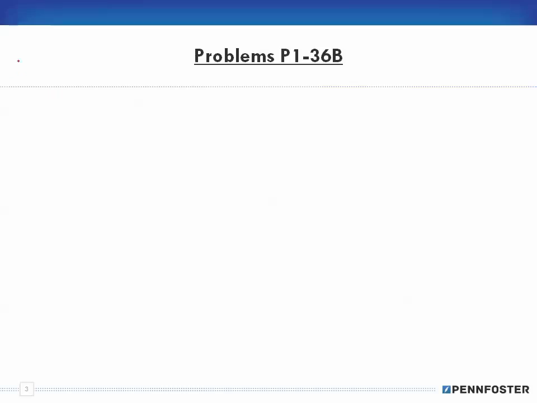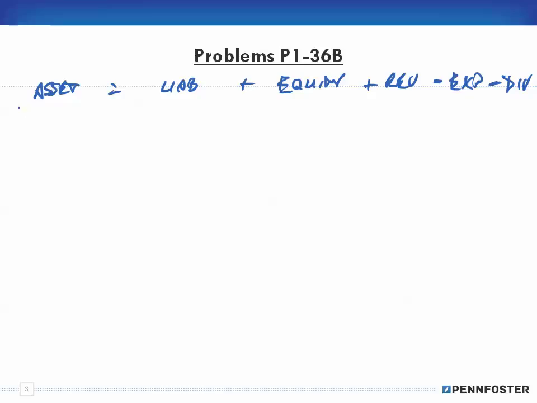So I'm going to label this assets is equal to liabilities plus equity plus revenue less expenses and less dividends. Okay, the expanded accounting equation.